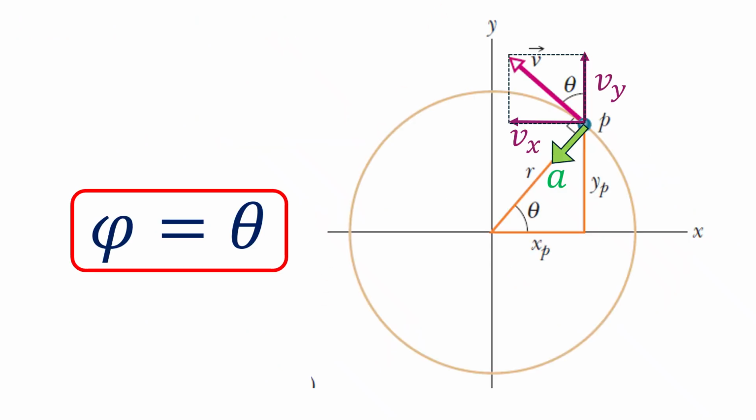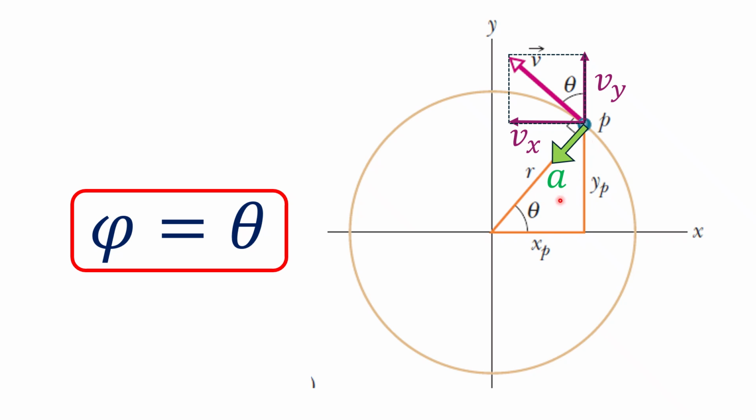So here I have combined all the diagrams together to show you everything, that is, a point P having coordinates xp, yp, and it is at distance r from the center. It has velocity vector v bar that can be resolved into a vx component, which is along the minus x-axis, and a vy component, which is along the positive y-axis, and acceleration, which is directed towards the center, also has two components, one along the minus x direction, another along the minus y direction.